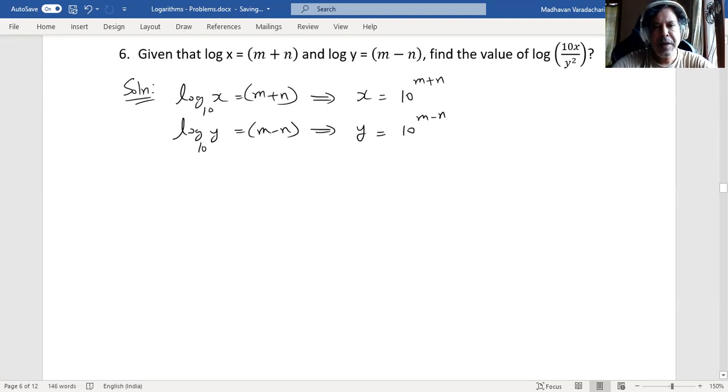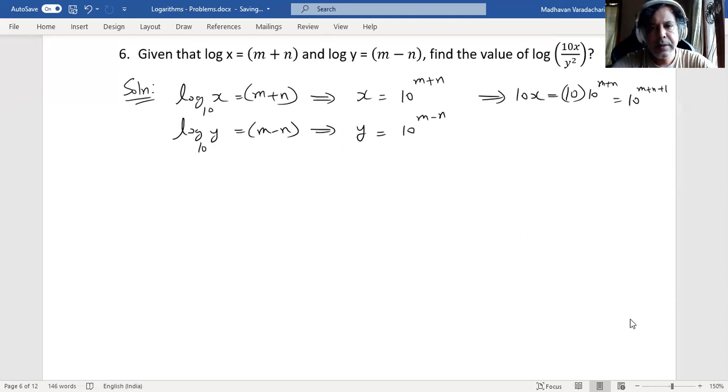So this means I can say 10x is equal to 10 times 10 power m plus n, which is 10 power m plus n plus 1.